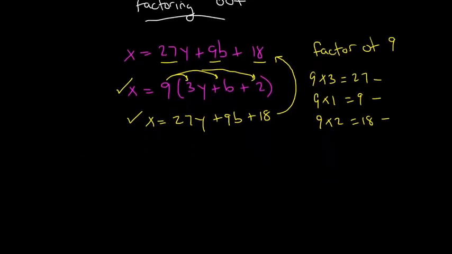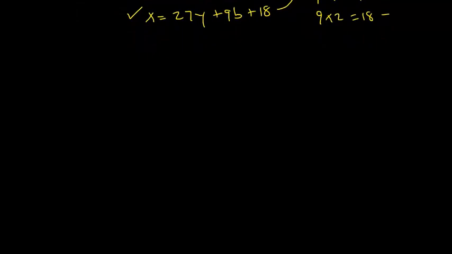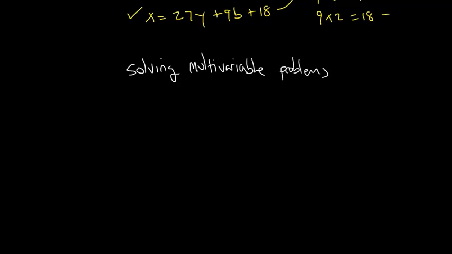Let's go ahead and see one last type of algebraic manipulation that is really useful to be comfortable with in this class, and that's solving multivariable problems. You will see situations where you have two unknown values, so two variables.